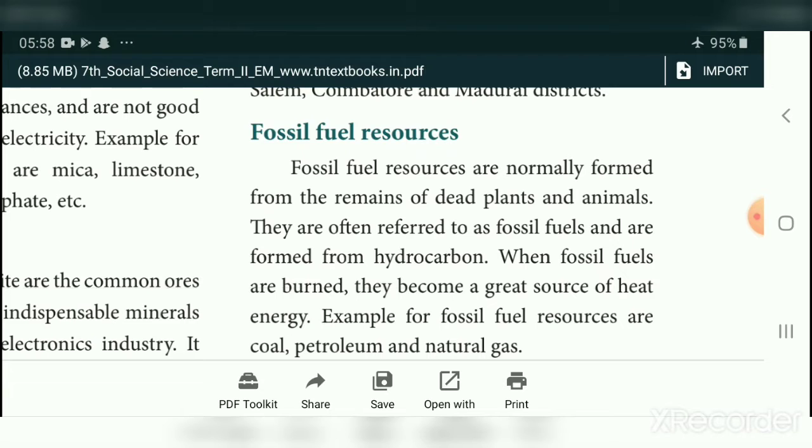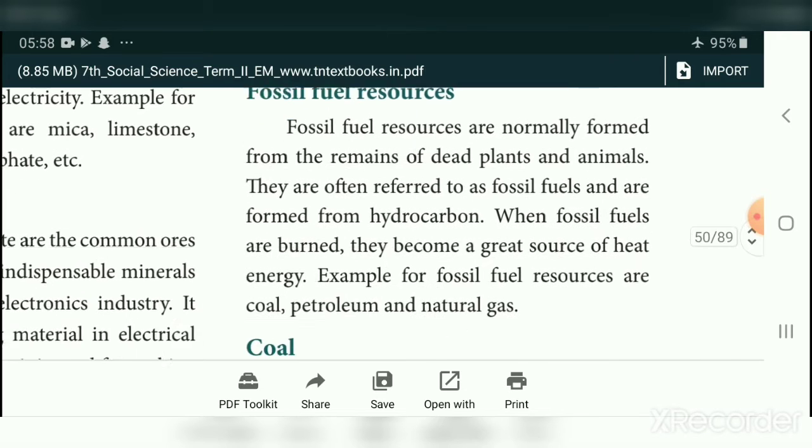Fossil fuel resources are normally formed from the remains of dead plants and animals. They are often referred to as fossil fuels and are formed from hydrocarbons. This fossil fuel is obtained from hydrocarbon.